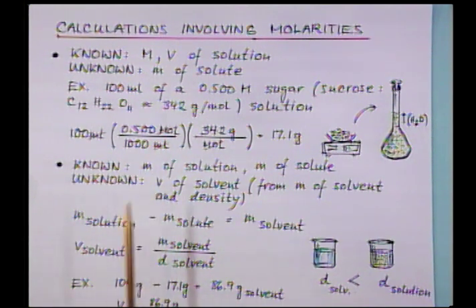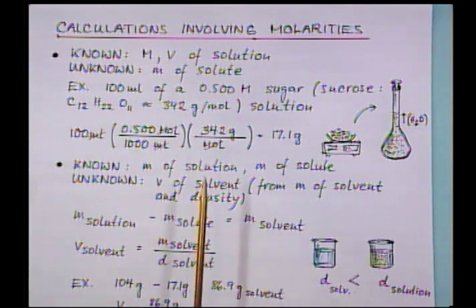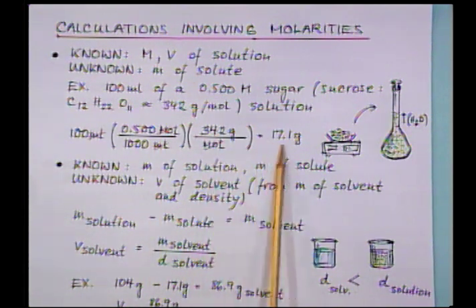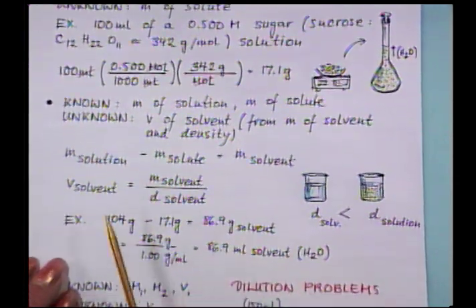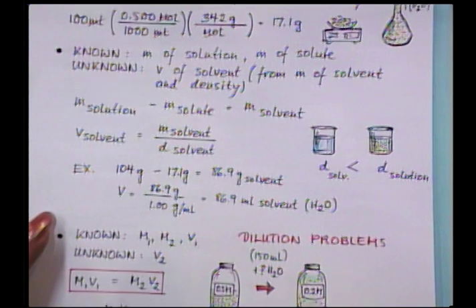So always keep in mind that big M means a ratio. Then we have the molar mass, and we can quickly find out what we need to weigh out. Now sometimes you will be asked how much water was actually added. Well, mass of solution minus mass of solute gives you the mass of the solvent. And with the help of the density, you can calculate how much water actually was added.